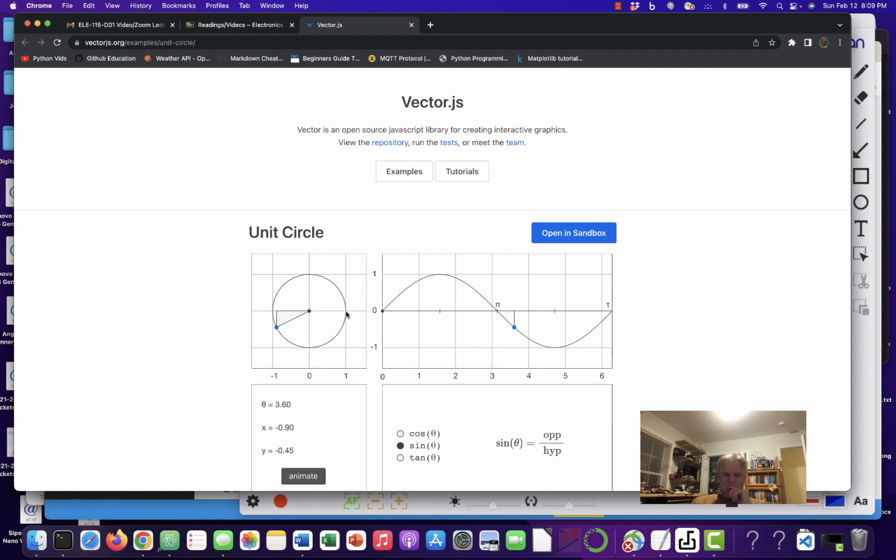So this rotating vector generating the sine wave is important to us. Super important if you're in a 4-year school and you're really going to drive the dickens out of this stuff. But it's important for us too, because this rotating vector has a name.